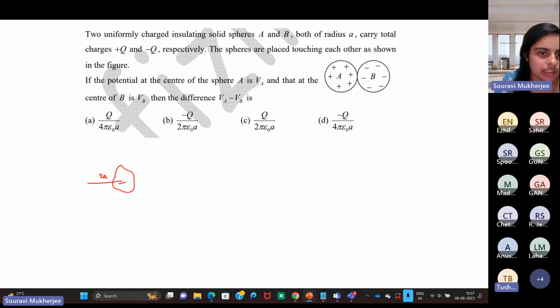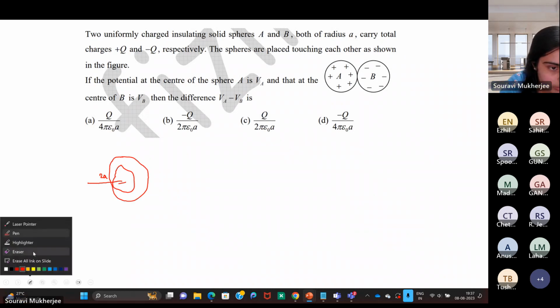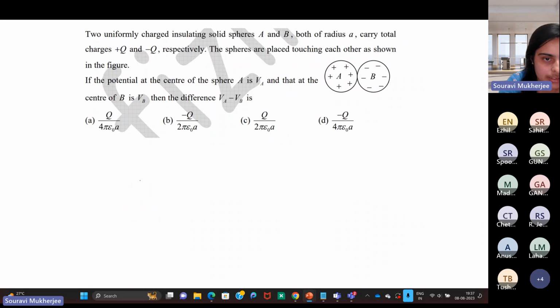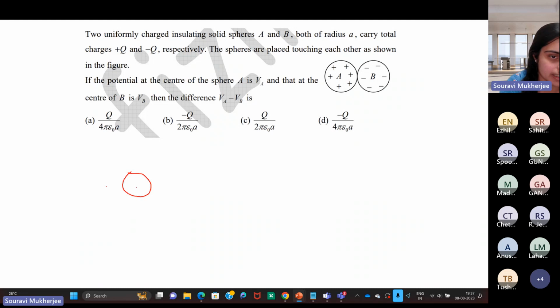First think of the field. What would be the field for this sphere at a distance of 2a? Use Gauss's law. You have a sphere of radius a, and at a distance of 2a you want to find the field, and it has a negative charge.